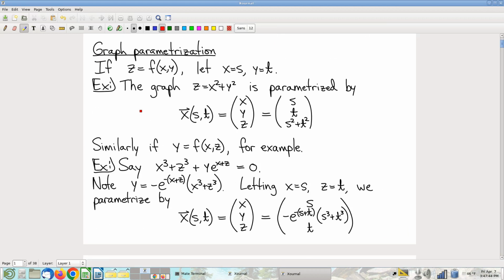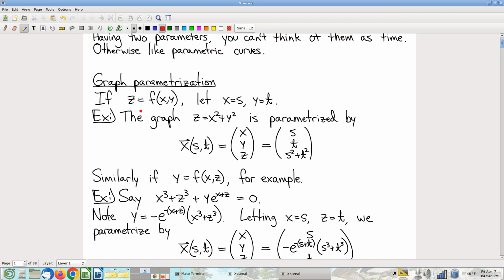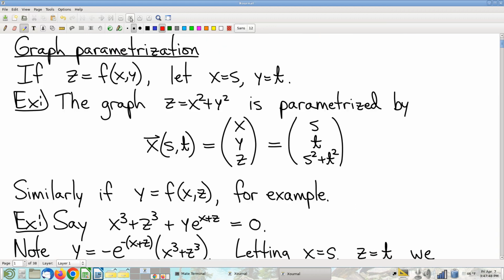Okay, so first tool for how to create parameterizations. A rip-off of something we saw for parametric curves, the graph parameterization. We had a graph parameterization for curves. And the idea was that if you're looking at a graph, that is, if you can solve for one of the variables as a function of the others, I emphasize you can't always, right? This is a hypothetical.